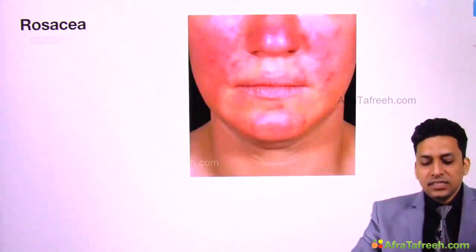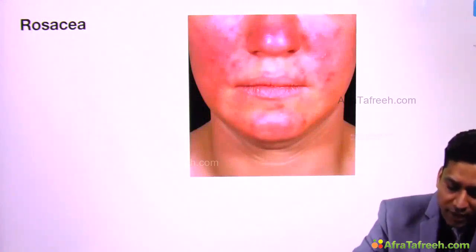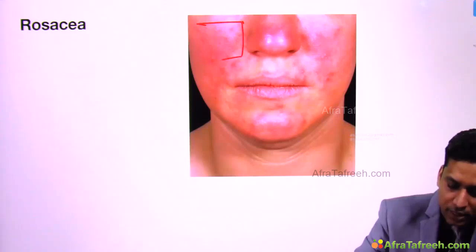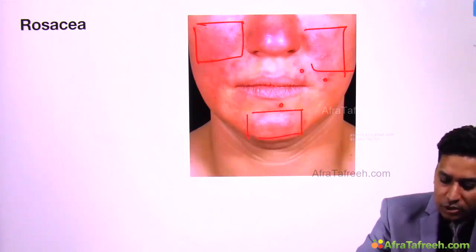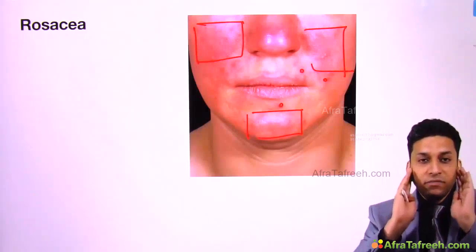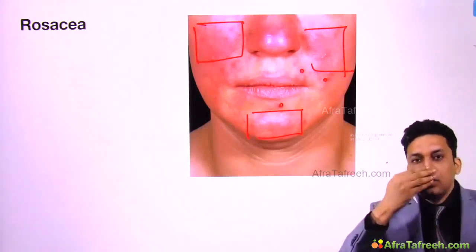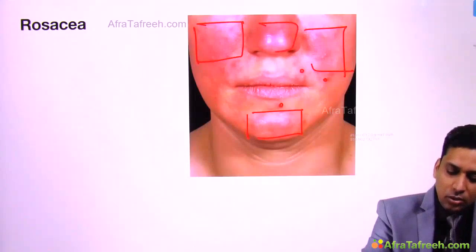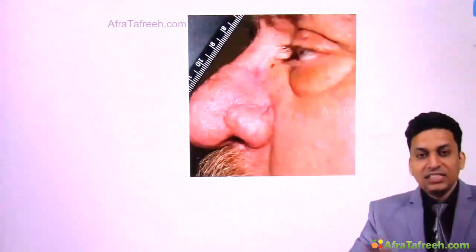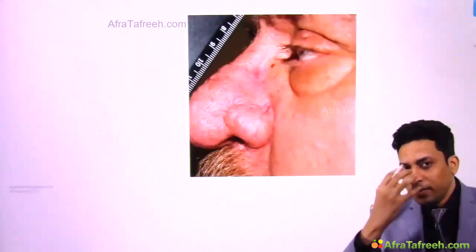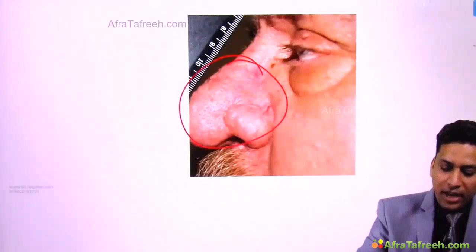You can see here, this is a patient suffering from rosacea, where you will find these erythematous, that is red lesions. Some papules or pustules might also be present, and they are present over which sites? Convexities of the face. What are convex areas of the face? Cheek, nose, chin. So you can see cheek, nose, chin is being involved. There is a phymatous variant also. Sometimes there might be hypertrophy over the nose. Patient might develop rhinophyma.